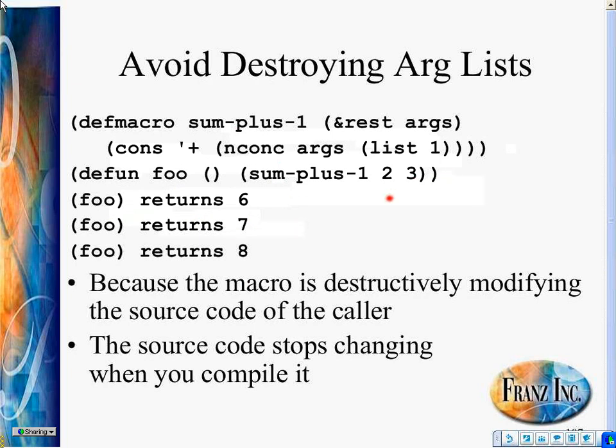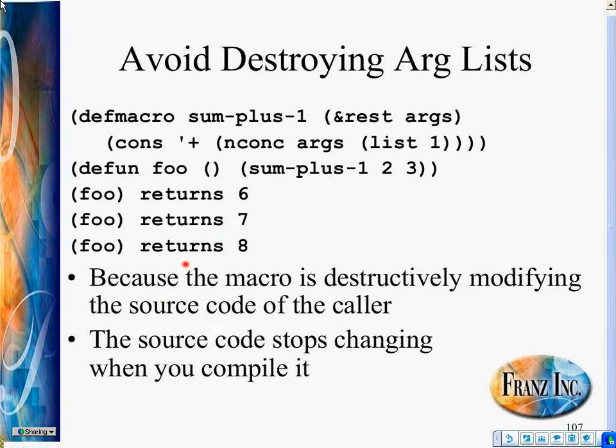And the second call returns 7 because this argument list, which is defined basically as a constant within this function, is being modified. So foo keeps returning incorrect values when we think it should always return 6. This is because the macro, as it says, is destructively modifying the source code of the caller.